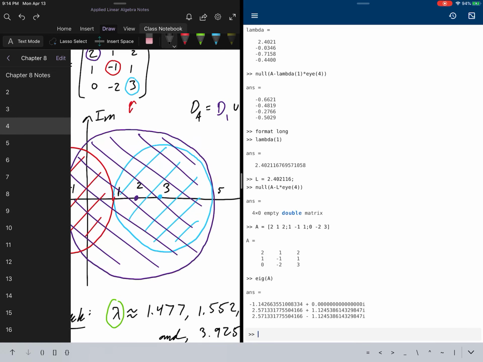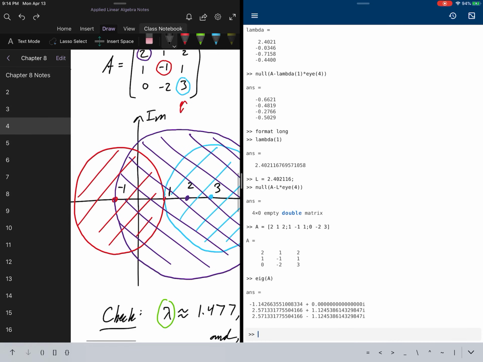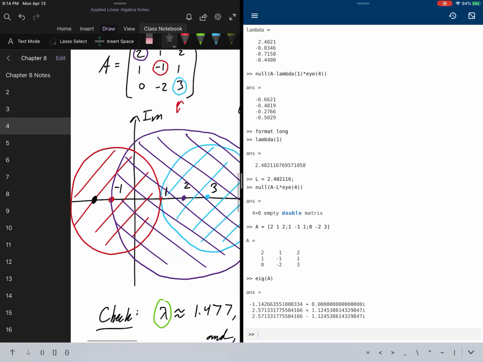But we can still see, go ahead and look in here for -1.142 by 0, so that's roughly here. Yep, that's inside the Gershgorin domain. Then we're going to go to 2.571 plus and minus 1.1245i.